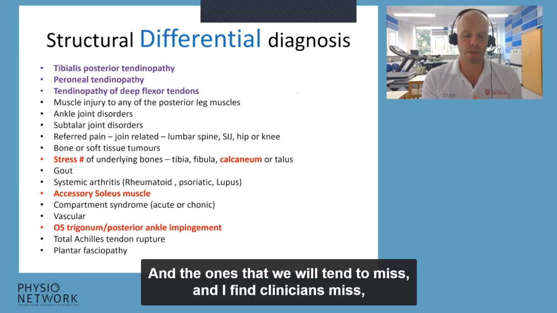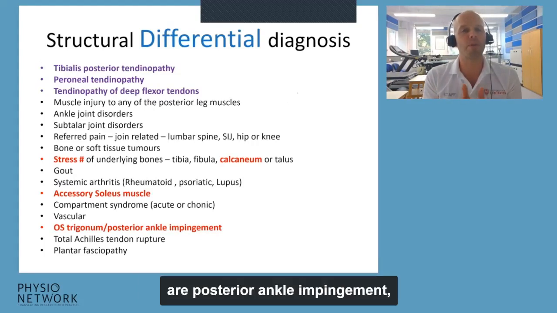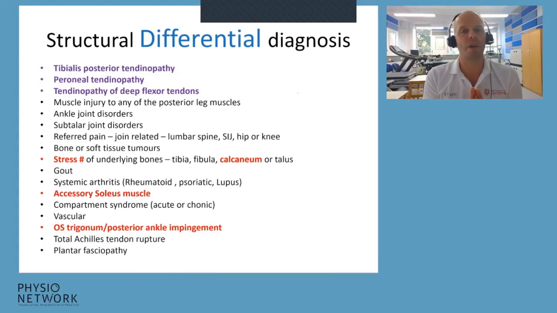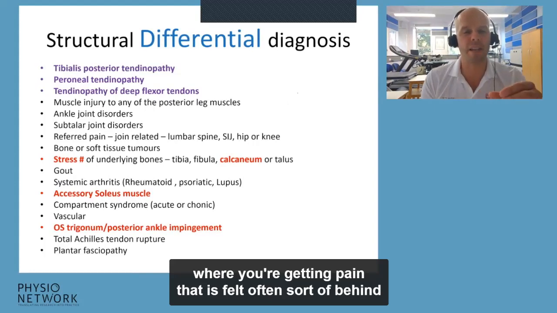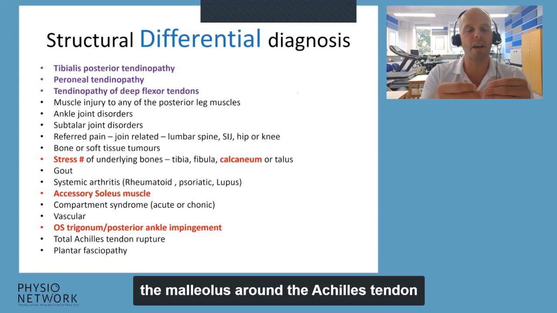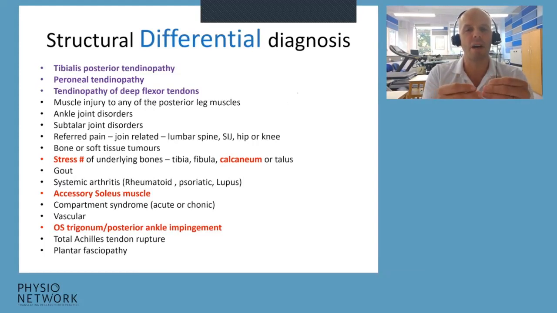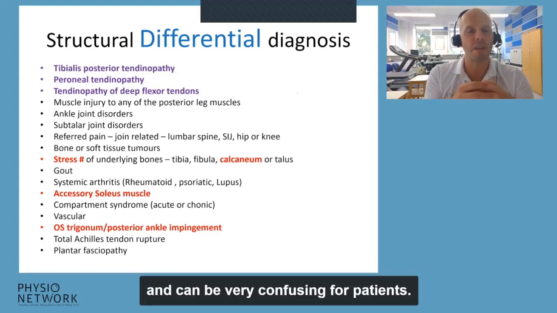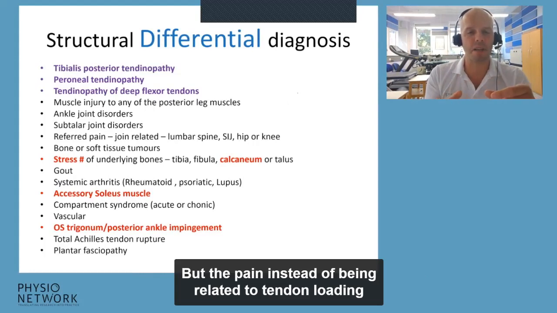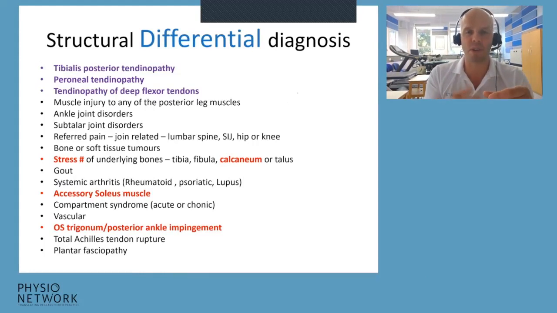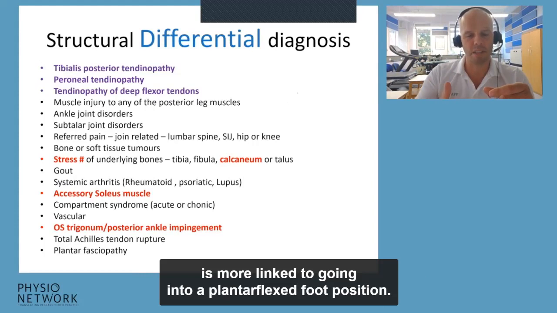The ones that we tend to miss, and I find clinicians miss, are posterior ankle impingement, where you're getting pain that is felt often behind the malleoli, around the Achilles tendon, and can be very confusing for patients. But the pain, instead of being related to tendon loading and aggravating and easing factors, is more linked to going into a plantarflexed foot position.